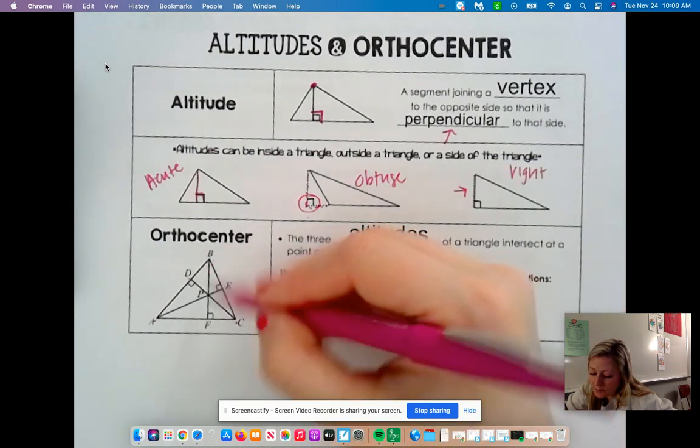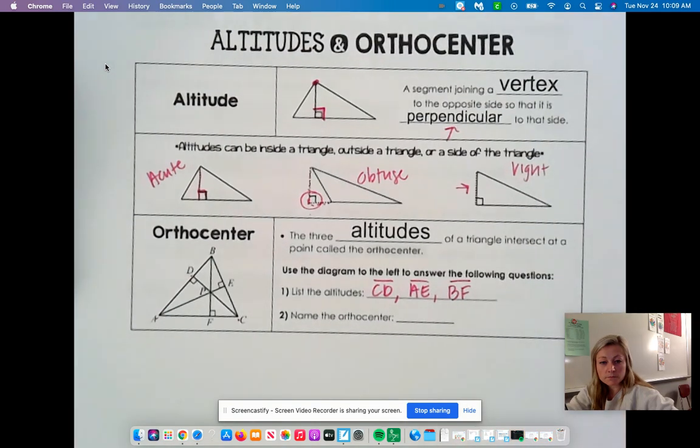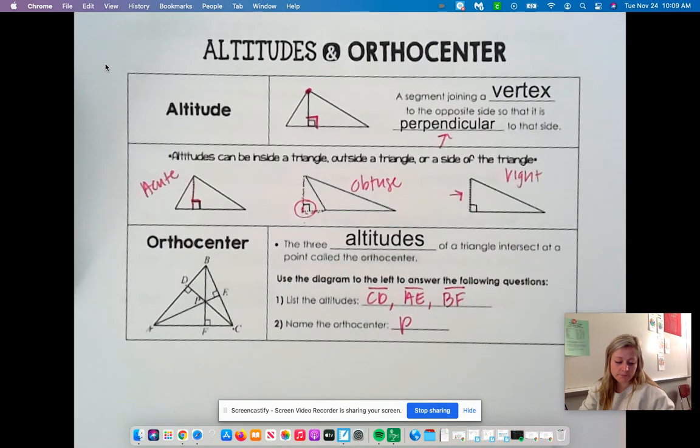And our last one would be BF. Name the orthocenter. That would be point P. And besides that, we don't really have a lot of other properties that would help us solve for missing sides or angles. So that's basically it for altitude. So it's kind of nice. Just know that it goes from a vertex and is perpendicular to the side opposite it.